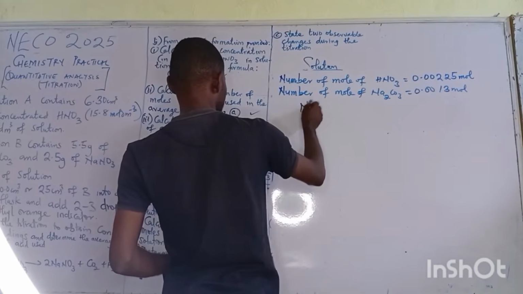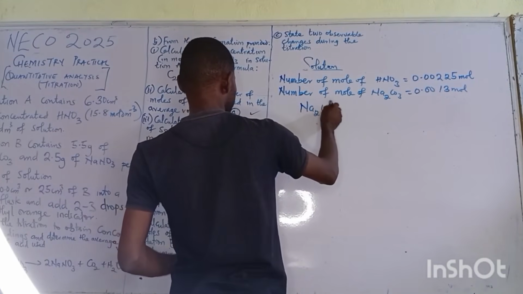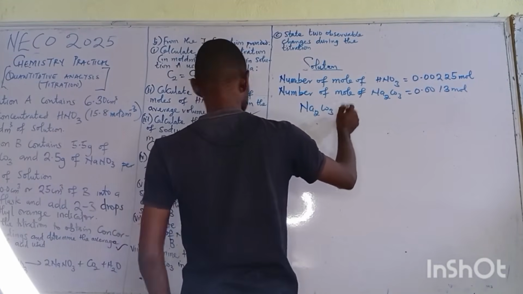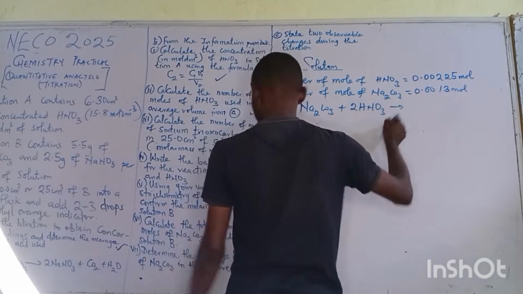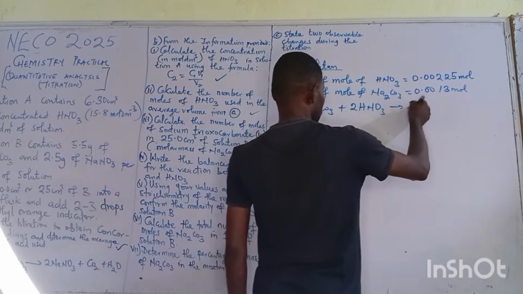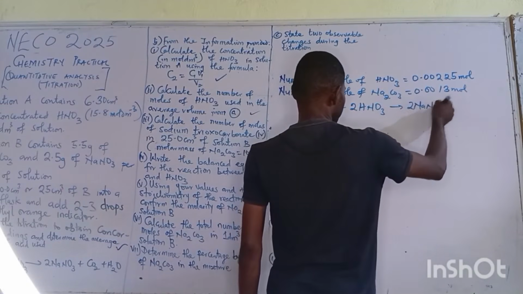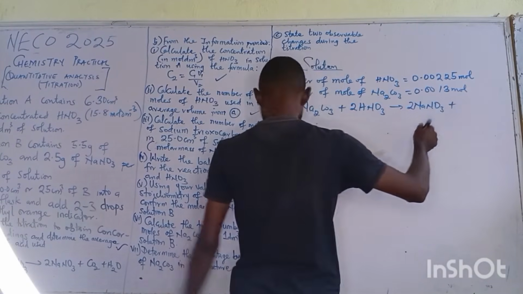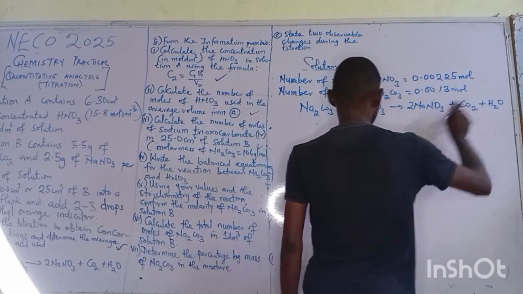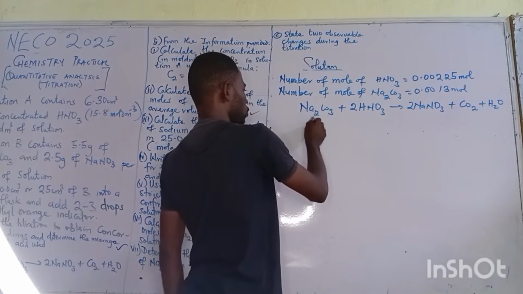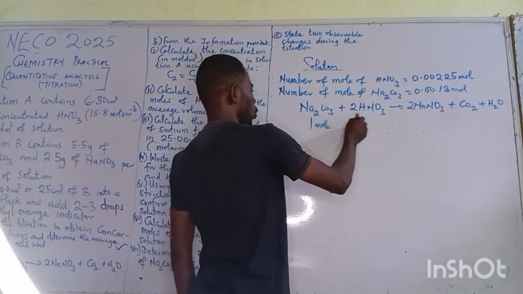Then we have Na2CO3 plus 2HNO3 to give us 2NaNO3 plus CO2 plus H2O. And with this, if the equation is balanced, 1 mole, 2 moles.